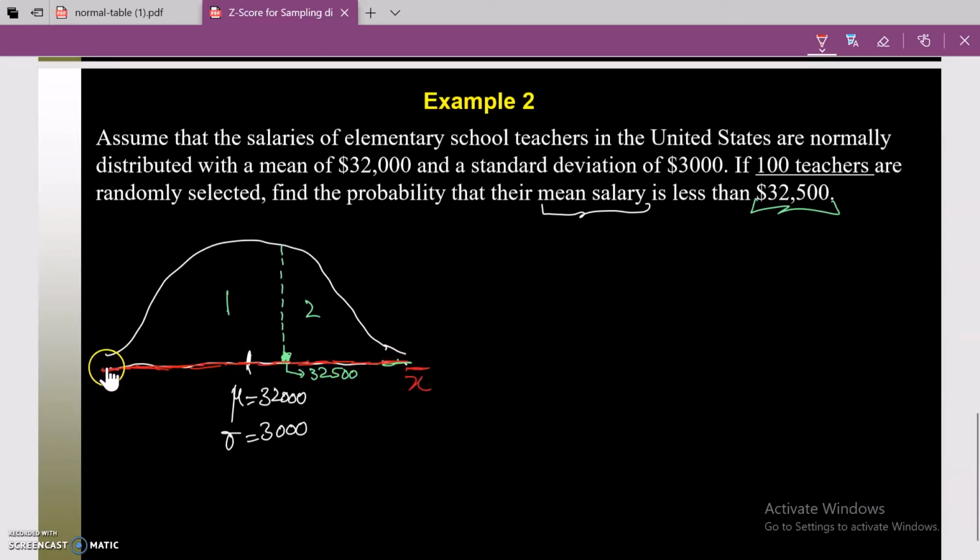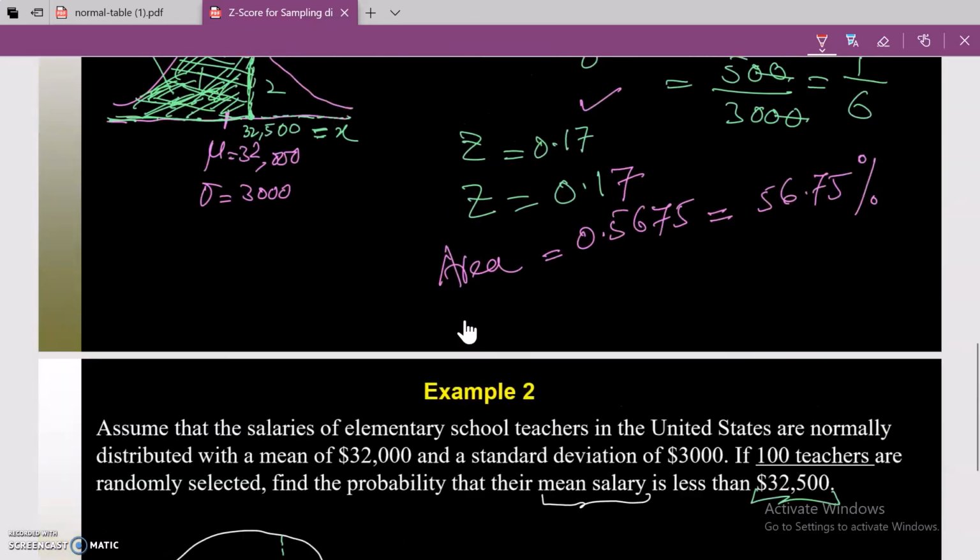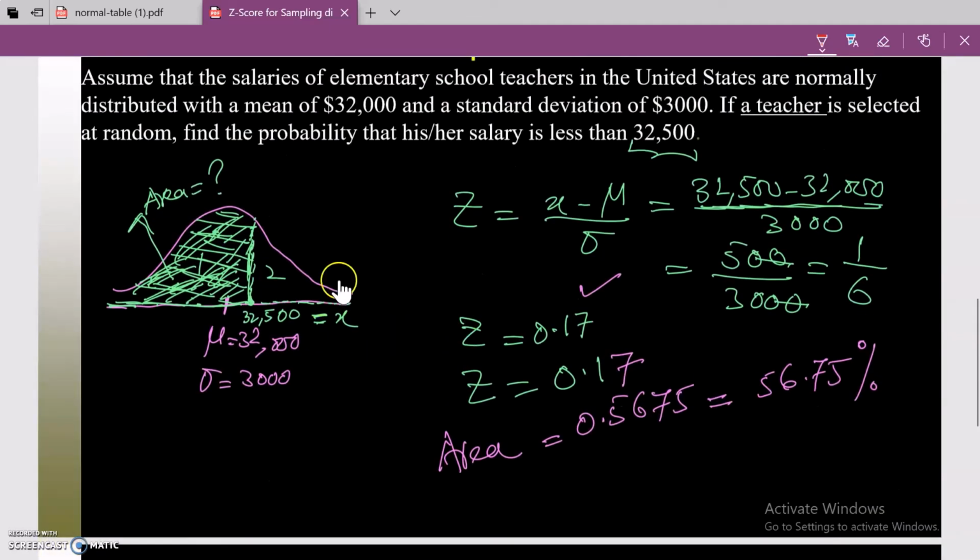This is the sampling distribution. So this is the average salary. This axis which I'm putting in red now on the top of the green one, this is X bar. Recall from our previous example, this was the X axis, this was the X value.